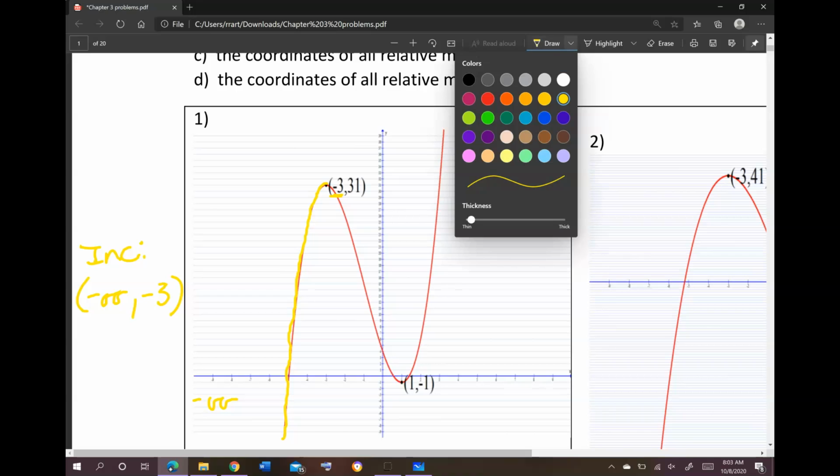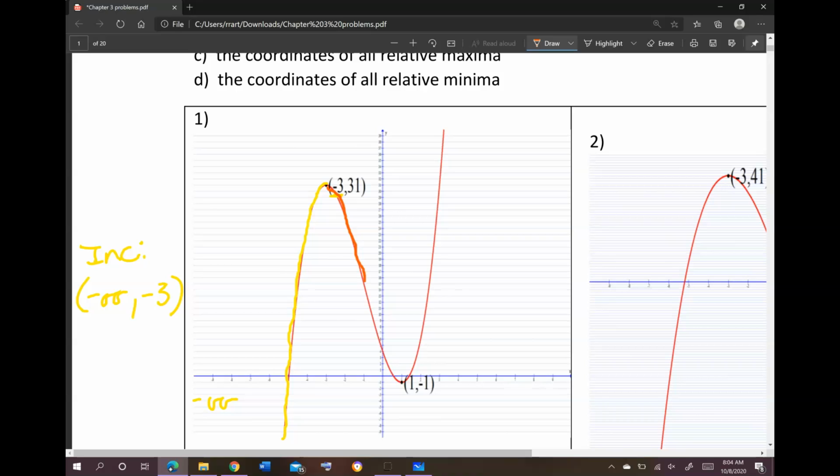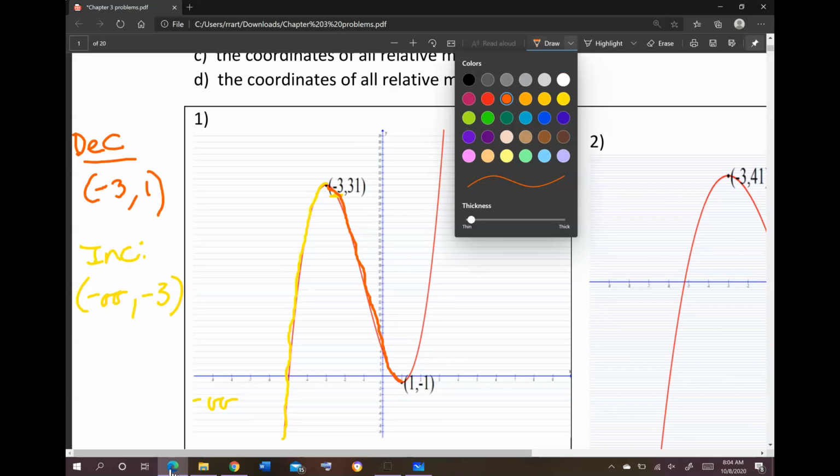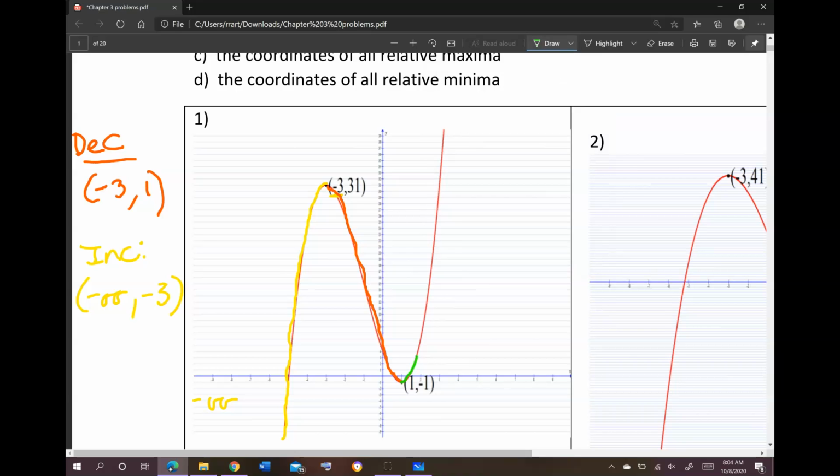Then when I stopped at -3, I turned from increasing to decreasing, and I decrease all the way to the next point. So I started decreasing at -3, and I stopped at +1. Then what happens at 1? I turn around and start increasing again, and I'm increasing to positive infinity.